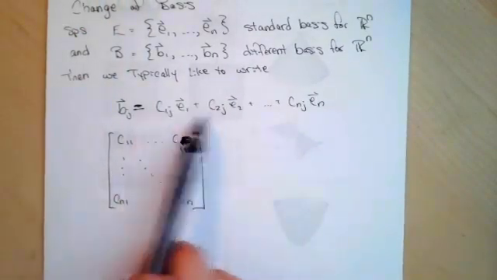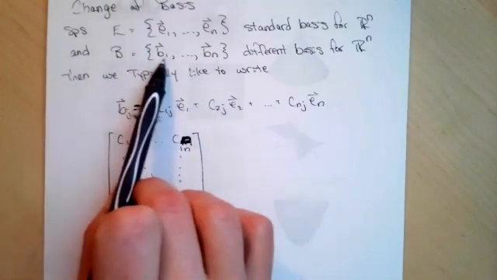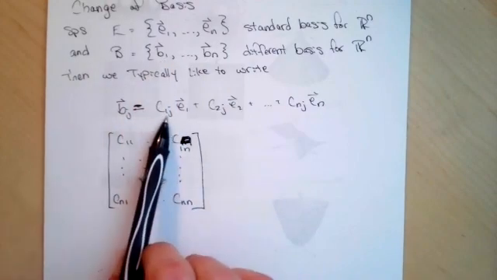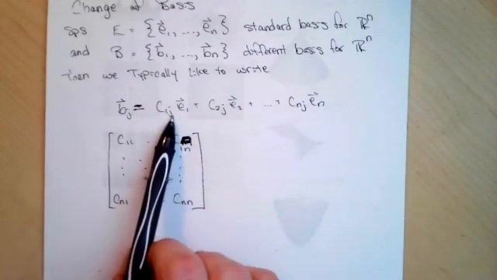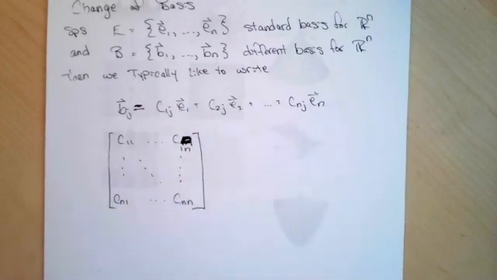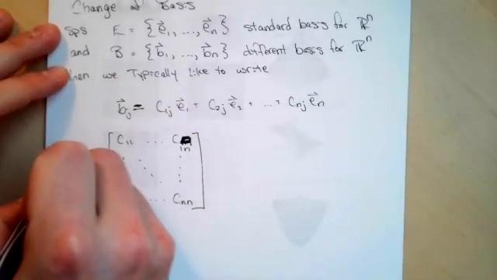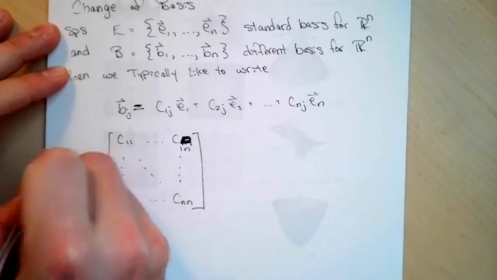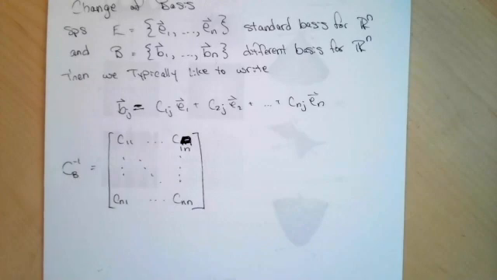So the coefficients that we get from writing these basis vectors B as a linear combination with regard to the basis E, we can actually think of as itself a linear transformation. I'm going to call this, it's a little weird for the notation, but you'll see why, and we'll talk about it and try to make sense of why. This is going to be called C_B inverse.